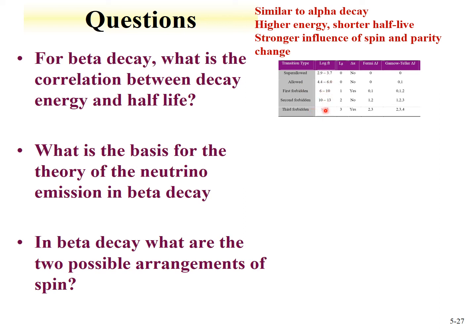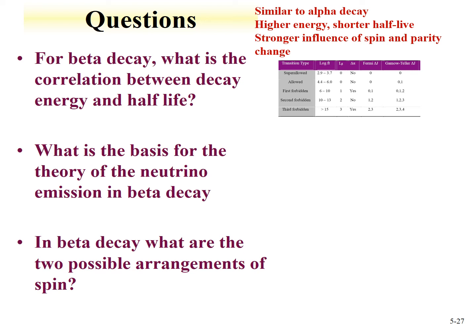The higher the logft value, the more forbidden the transition is. Again, the larger the spin changes, you tend to have more forbidden transitions. And transitions that incur a parity change tend to be forbidden, and they're odd forbidden, so first and third, if we had fifth, etc.